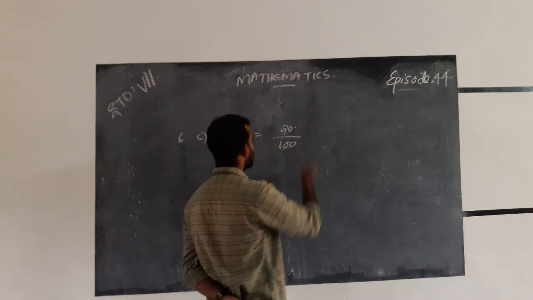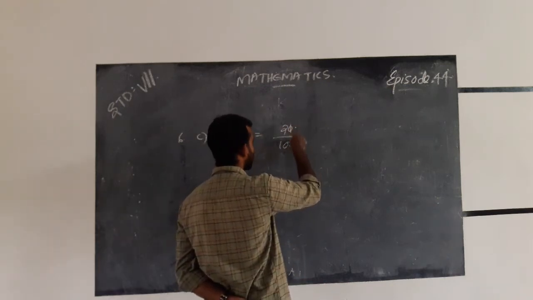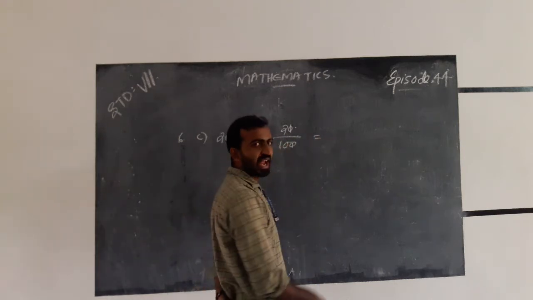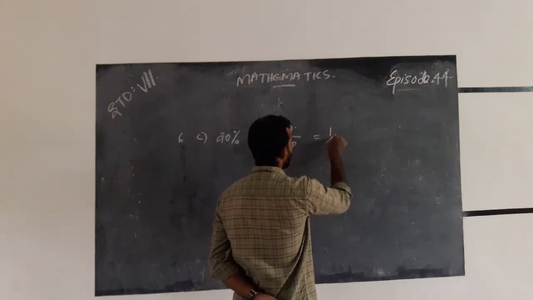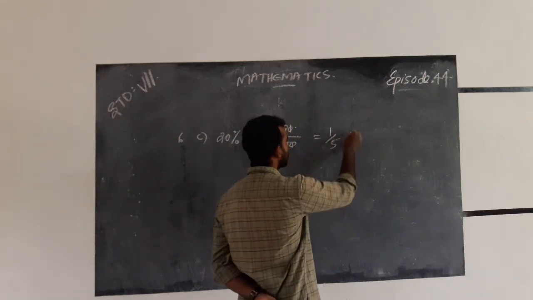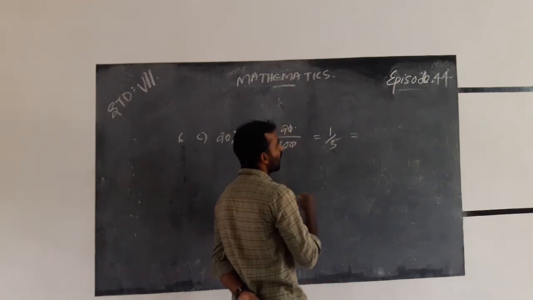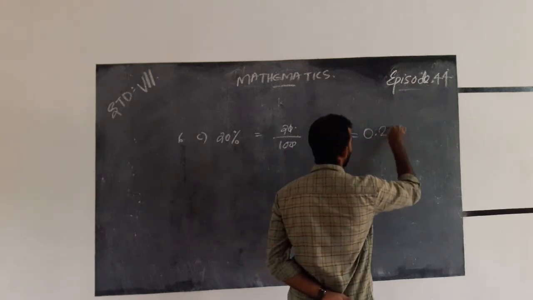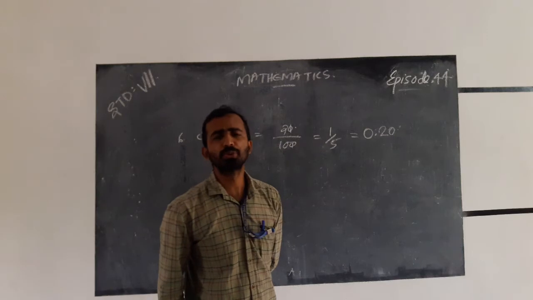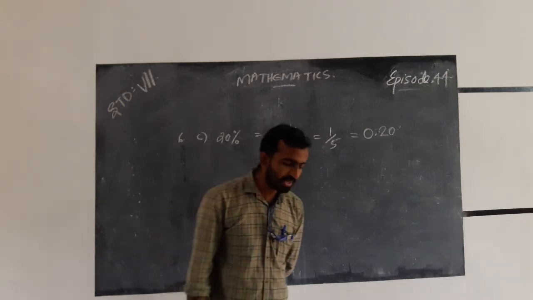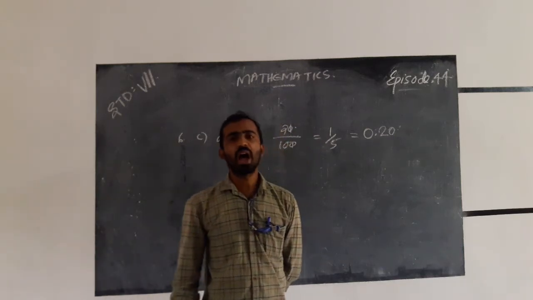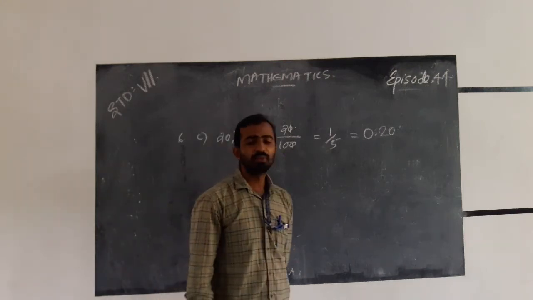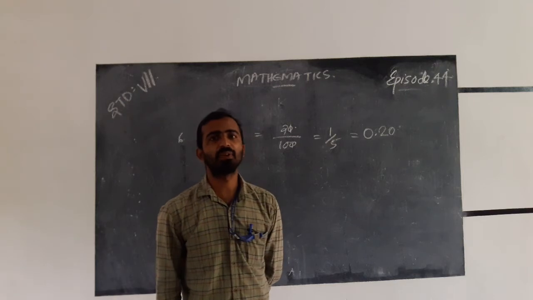We can simplify it, and the simplest fraction is 1 by 5, and the decimal is 0.20. The decimal form is 0.20 and the simplest fraction is 1 by 5.